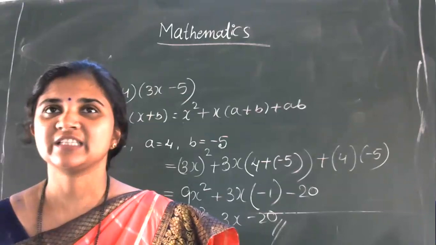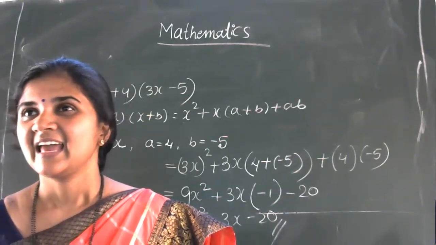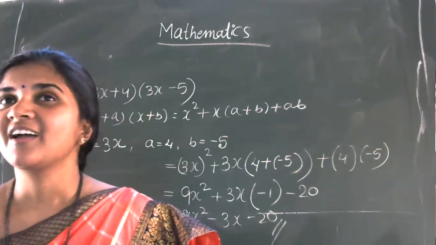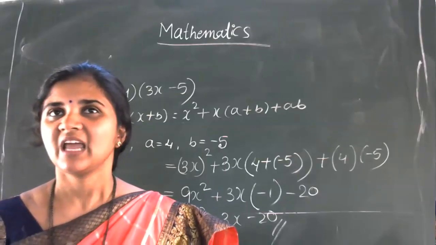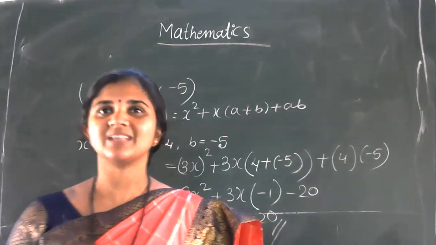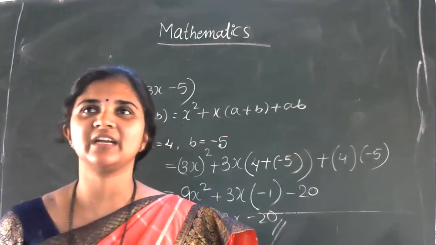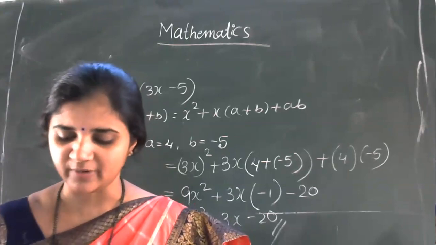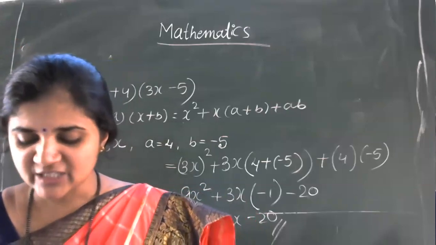Identity 3, because the question is in the form of x plus y into x minus y, that is a plus b into a minus b form, right? a square minus b square, or x plus y into x minus y is equal to x square minus y square. Sorry, third identity, not fourth one. Third identity.